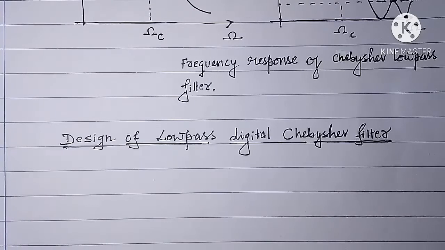Then the analog filter transfer function is transformed to digital filter transfer function by using either impulse invariant transformation or by using bilinear transformation. So it is necessary for us to first learn designing analog low pass Chebyshev filter.